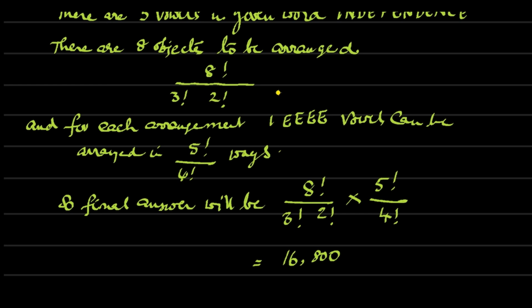And for every one of these arrangements, the 5 vowels I, E, E, E, E can be arranged in factorial 5 by factorial 4 ways because E is repeated 4 times. So the final answer will be factorial 8 by factorial 3, factorial 2, multiplied by factorial 5 by factorial 4.